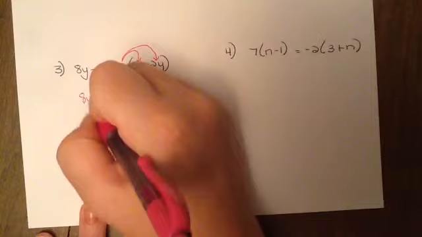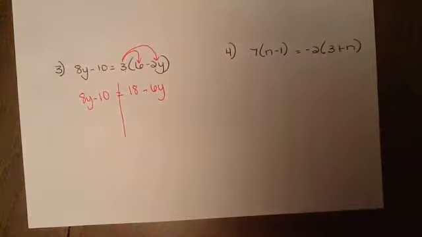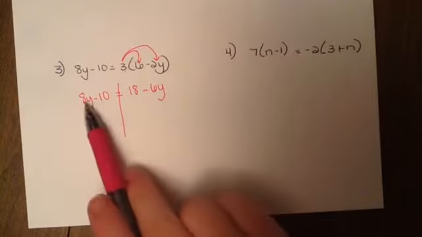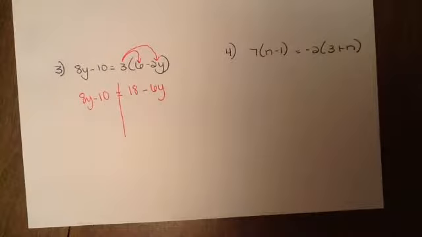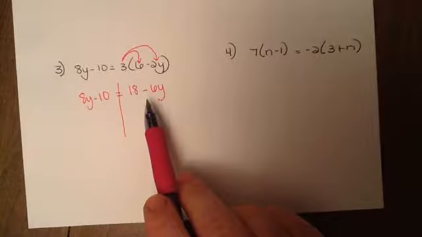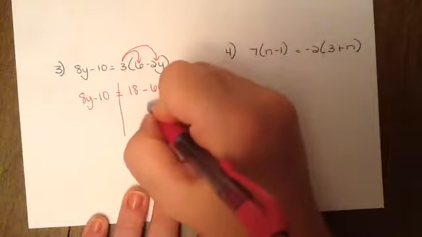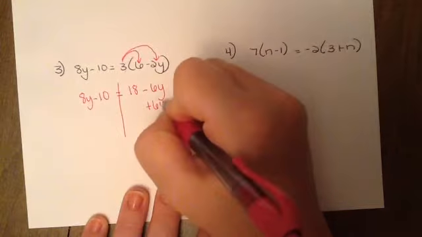Bring down the left side. Now we can solve. I have a y on both sides, so which one will I want to move? The negative 6y is smaller. How do you get rid of a negative 6y? Plus 6y.